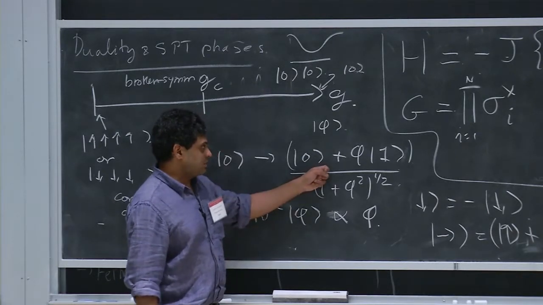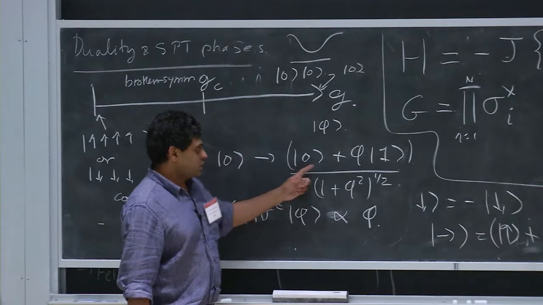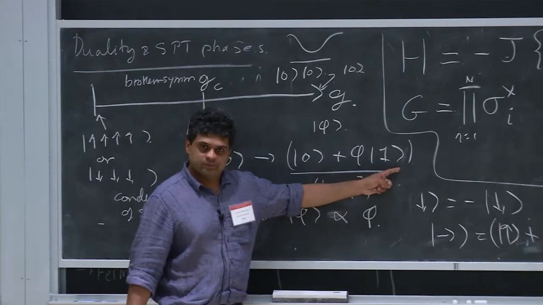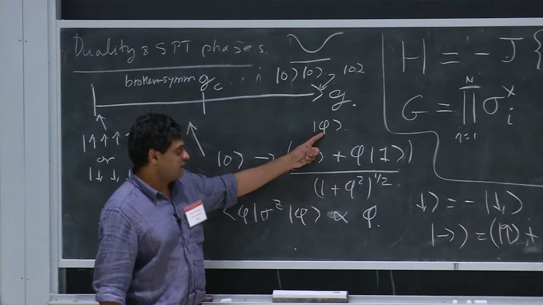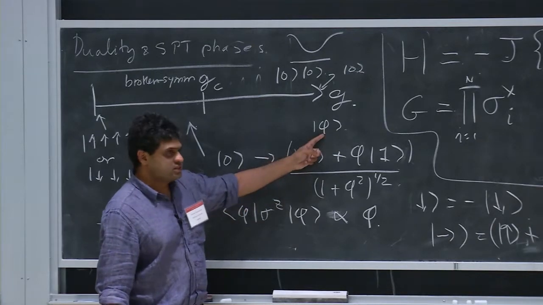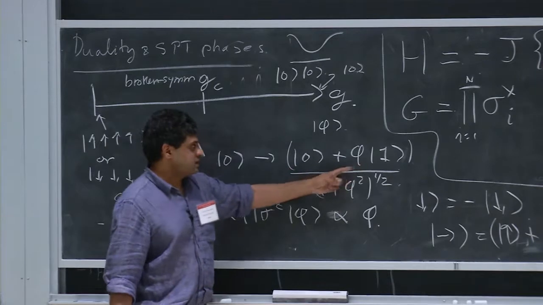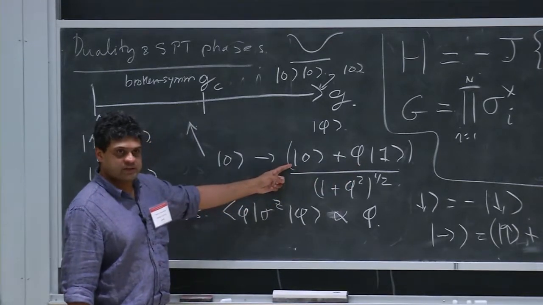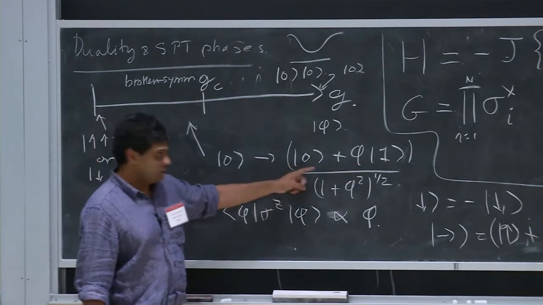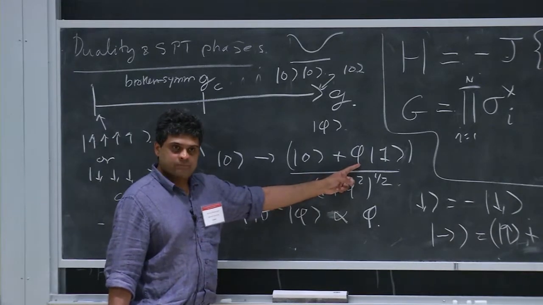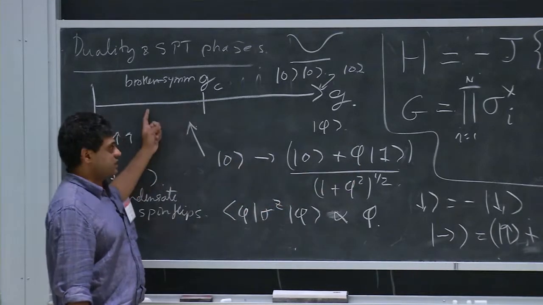An exercise I'll leave to you is, think of this as a variational state. You have a state that has one parameter phi. Just imagine that this parameter is independent of which site you're on. You have a product of these states, and you can try to minimize the expectation value of the Hamiltonian with respect to this phi. And you'll also find again this phase diagram.